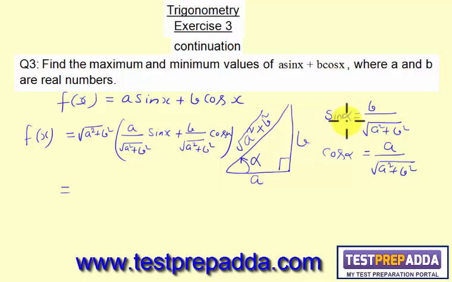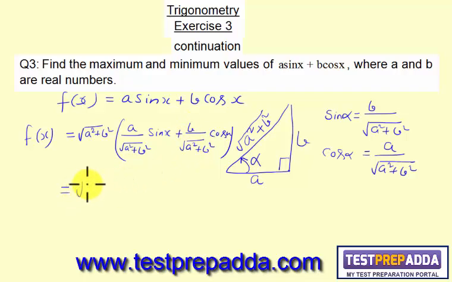Now check, sin alpha is b upon root a square plus b square and cos alpha is a upon root a square plus b square. So in place of a upon root a square plus b square I'll substitute cos alpha, and in place of b upon root a square plus b square I'll substitute sin alpha.